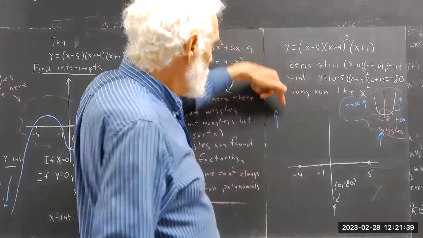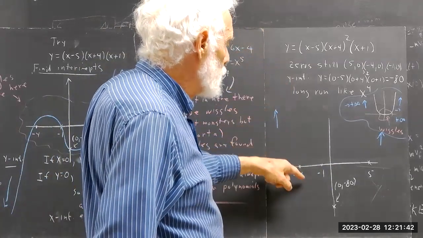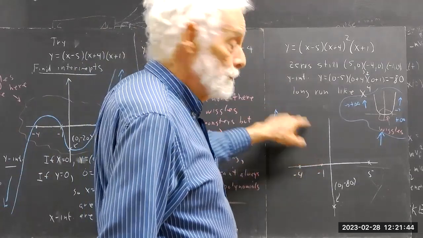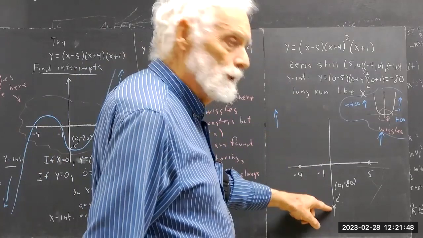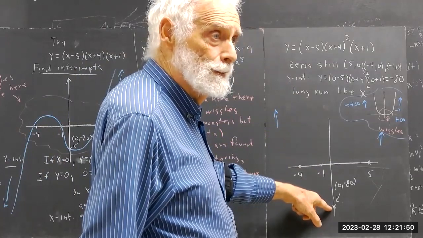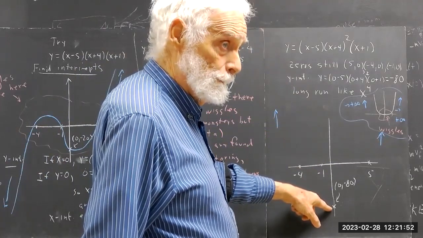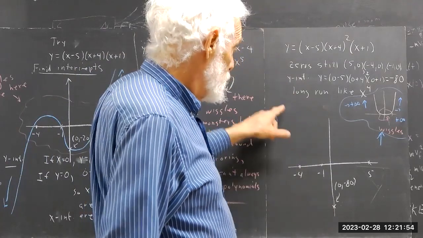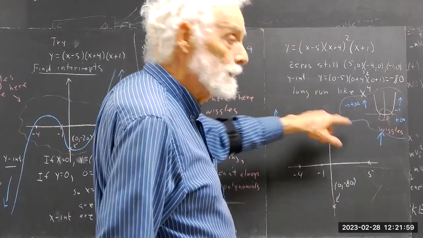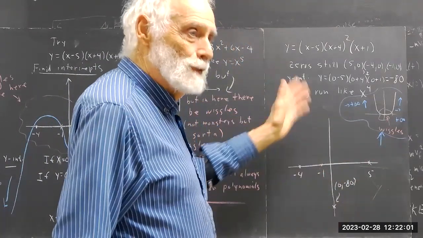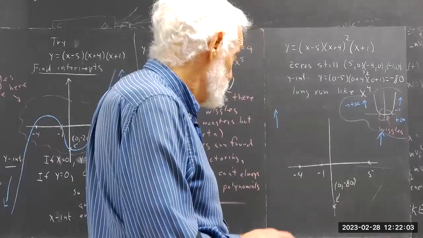Well, if we come down from this side and try to go through the axis and then come back up like this, we're not going to get to this point, are we? So we can't do that. We can't come down here and get this and then loop back. It's a function. We fail the vertical line test.